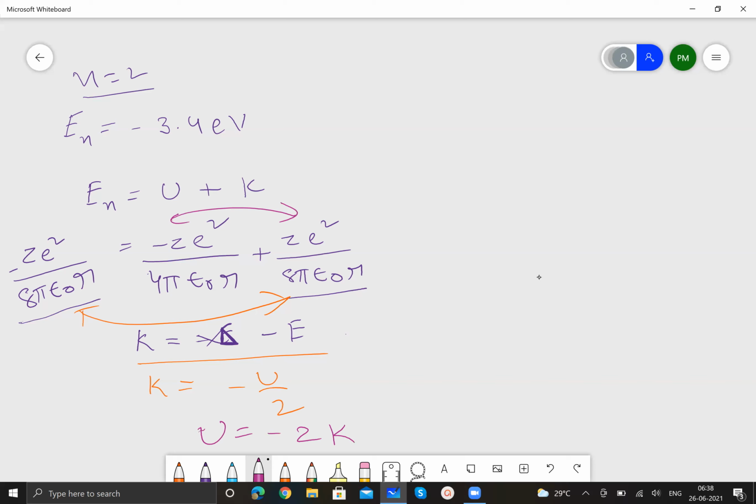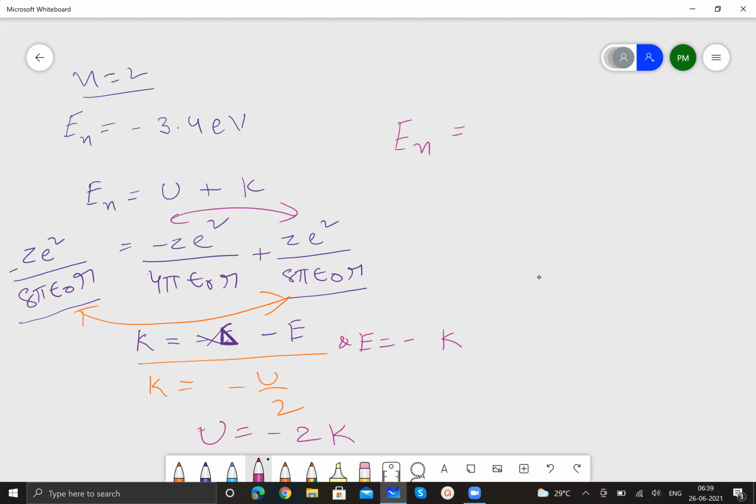And E is equal to minus K. U is equal to minus 2K. So substitute in this, already you have the value of energy.